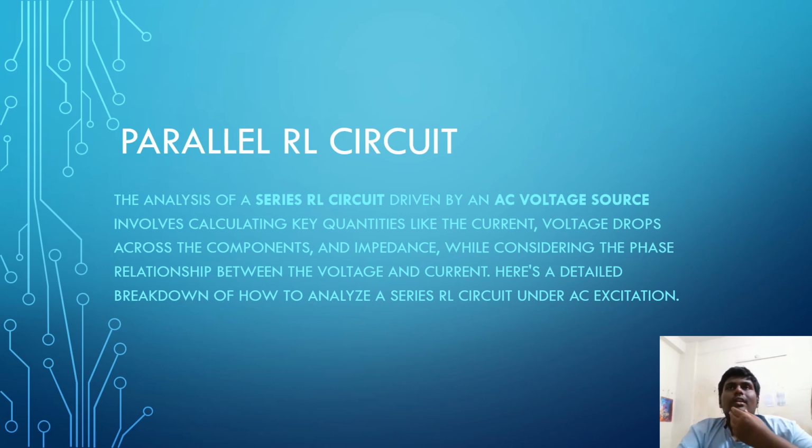Basically, voltage is constant across both the resistance and the inductor, so it would be easy to consider the voltage across each separately, so that we can easily find our equations and analyze the phase difference. So now I'm going to discuss the components that are used in the parallel RL circuit.